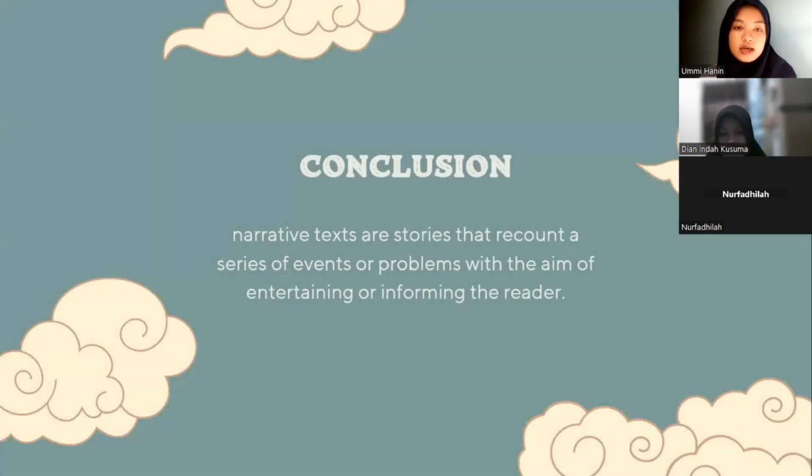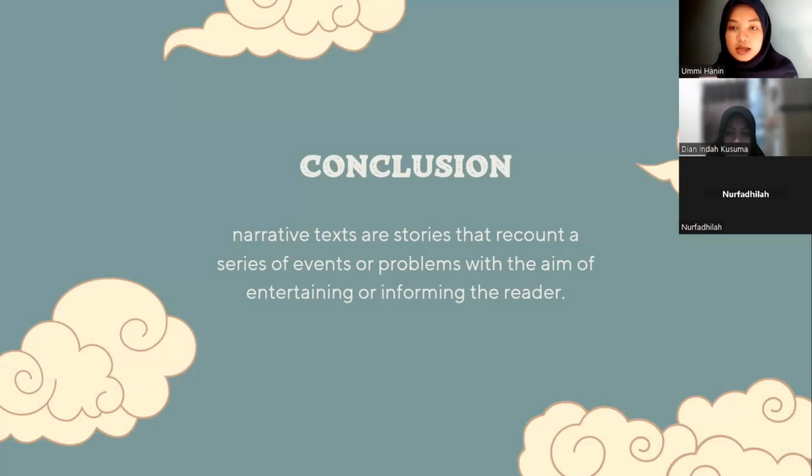In conclusion, narrative texts are stories that recount a series of events or problems with the aim of entertaining or informing the reader. They typically utilize past tense, adverbial of time, adjectives, and noun phrases to create a vivid and engaging narrative.